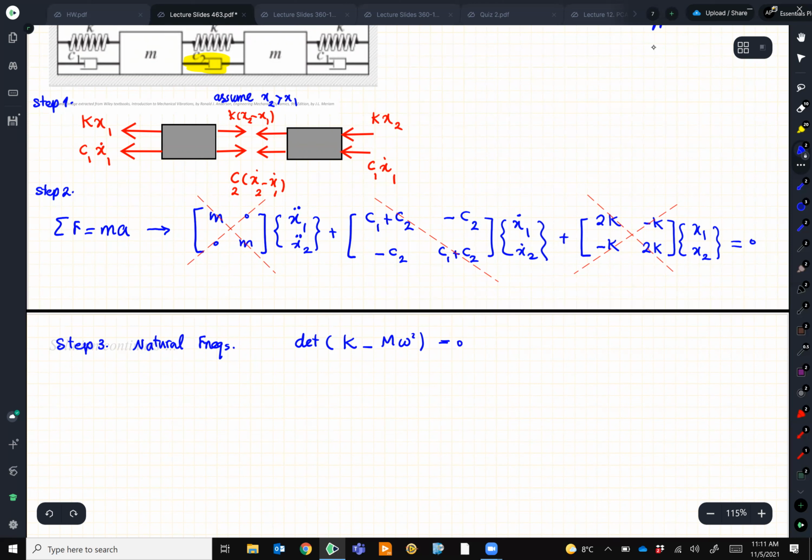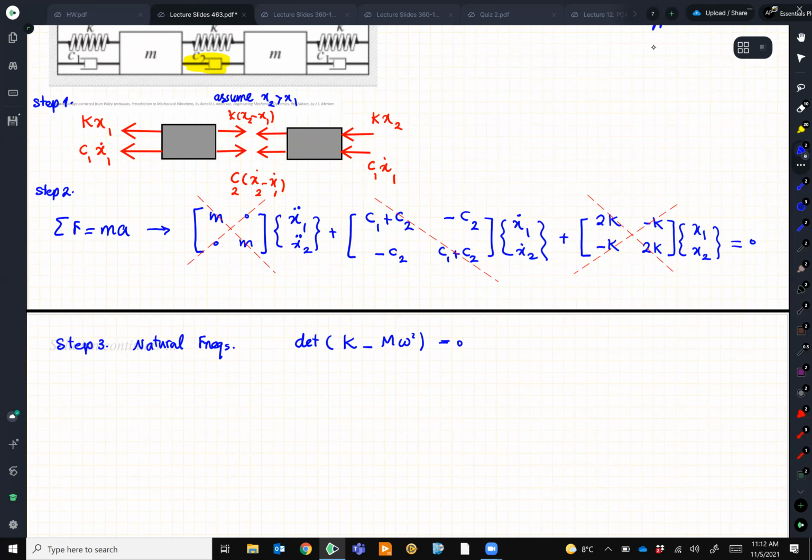Remember, the damping has nothing to do with the natural frequency, similar to 1 degree of freedom. In 1 degree of freedom, no matter if you have damping or you don't, your omega n is always square root of K over M. Although later you find that you have omega d, which here is the same, we'll just focus on finding omega n.